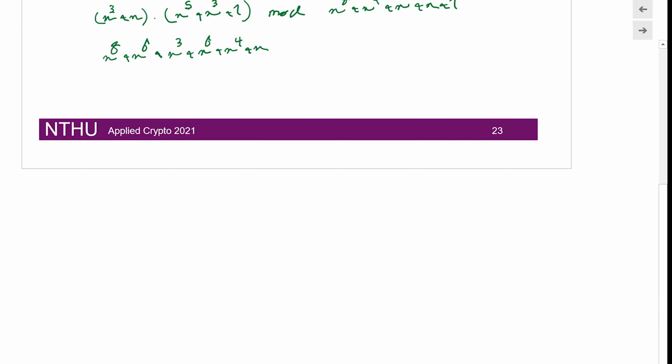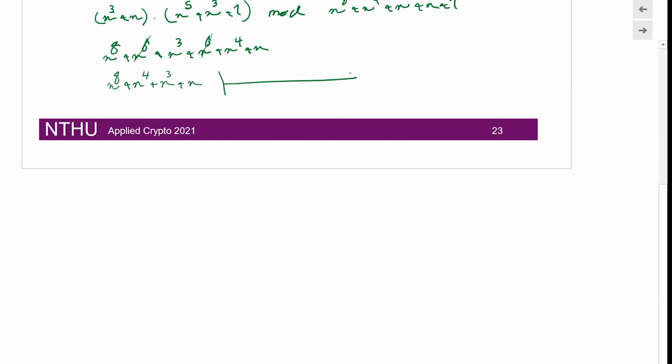So what did I get? I have 2x^6 over here, so they cancel each other. So at the end, I'll get x^8 + x^4 + x^3 + x.